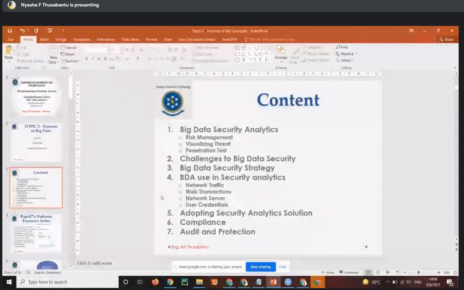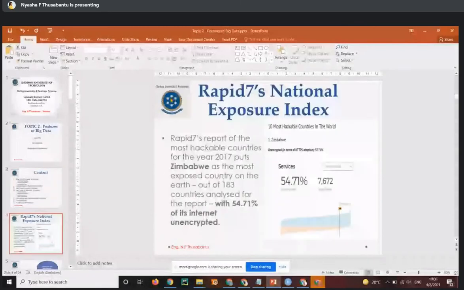Sometime in 2017, there's an organization called Rapid7. They do analysis of ICTs around the world. And Zimbabwe was in the top 10 most hackable countries in the world. That's a statistic from 2017, although we are no longer number 1 right now. But this was the trigger of the cyber bill, the data protection law, and things like that.